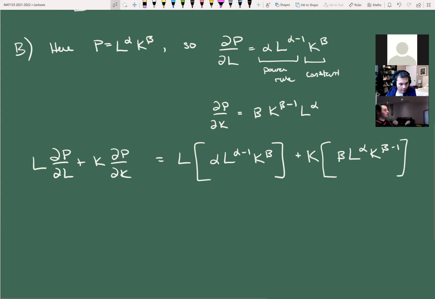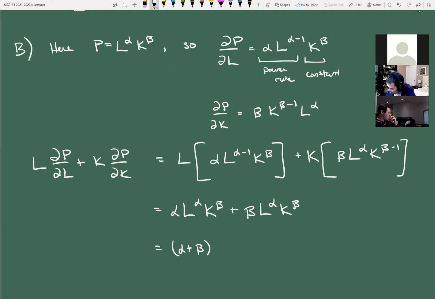So this has the effect of, L times L to the alpha -1 is going to add that 1 back into the exponent. So I'm going to get alpha L to the alpha, K to the beta, plus beta L to the alpha, K to the beta. And if you factor out that L to the alpha, K to the beta term, alpha plus beta, L to the alpha, K to the beta, that is P, right?